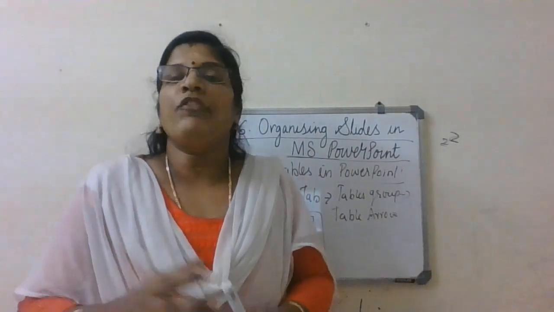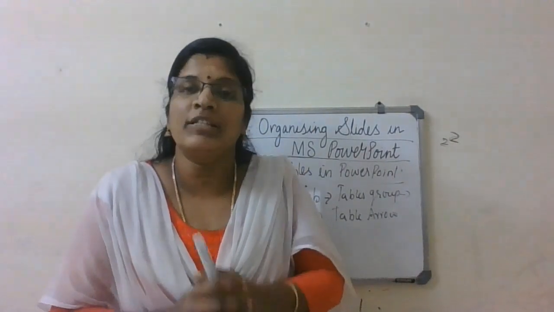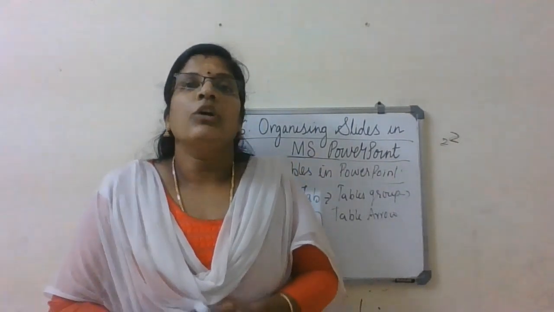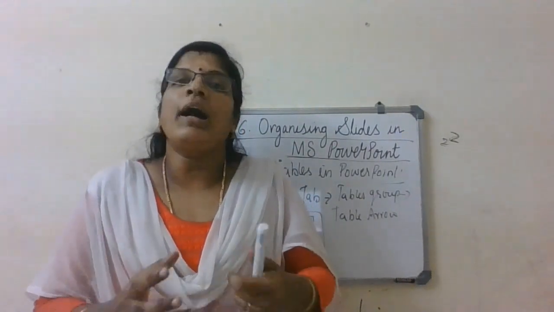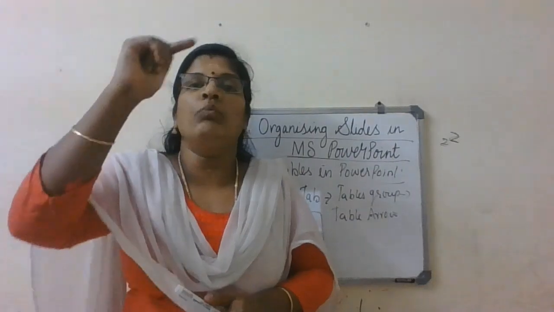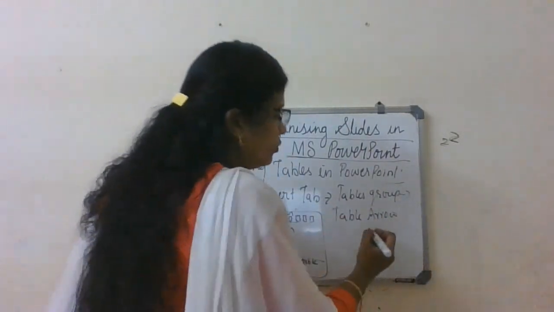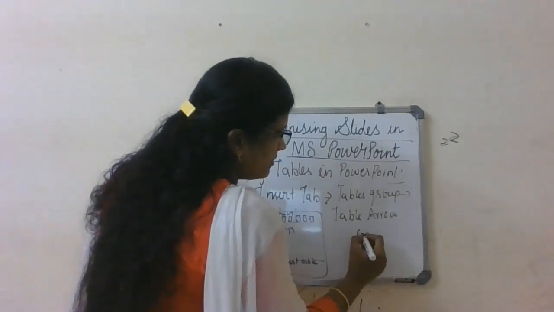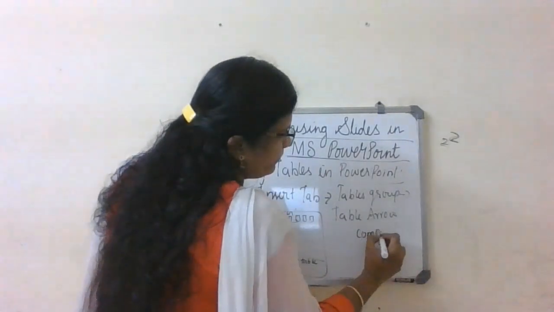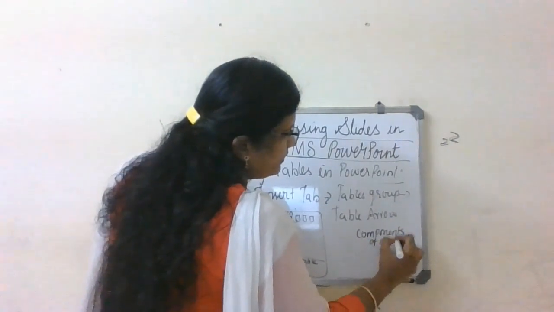Okay, say for example, the first presentation we created: components of computer, hardware and software, right? So that hardware and software, I have written 1 hardware, 2 software. Instead of that, what you can do is, components of computer.